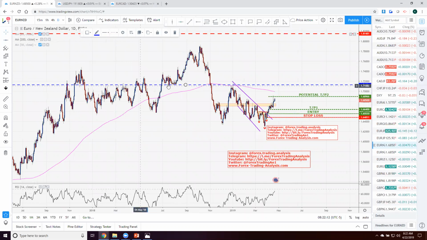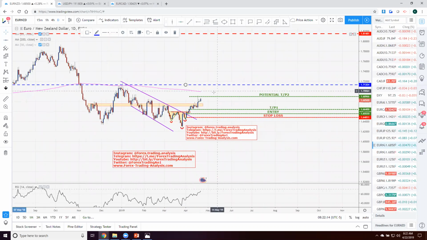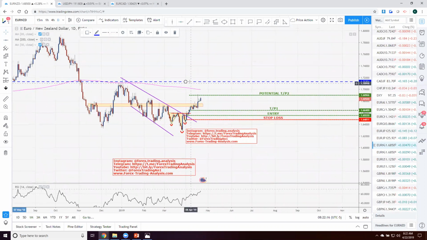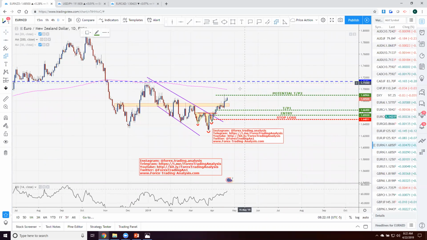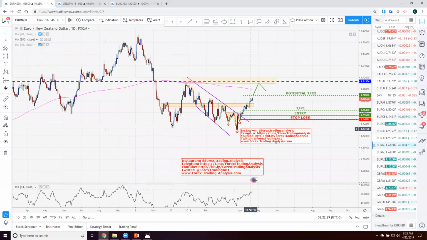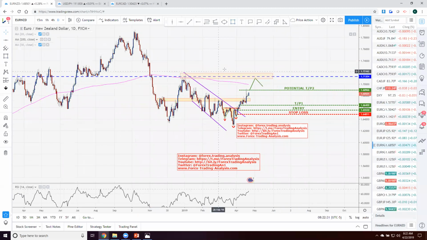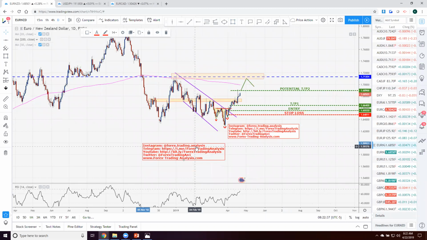Maybe this one's a little bit better. So we could be looking for continuing higher up to this resistance before pulling back. Let's see if we can pass through this 200 MA. It could be a potential scenario.